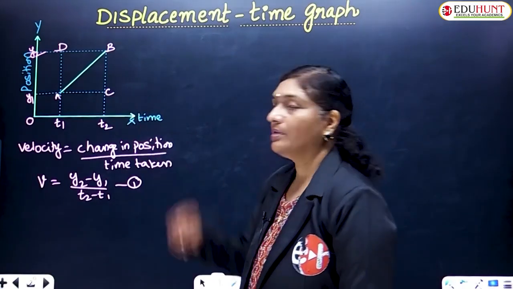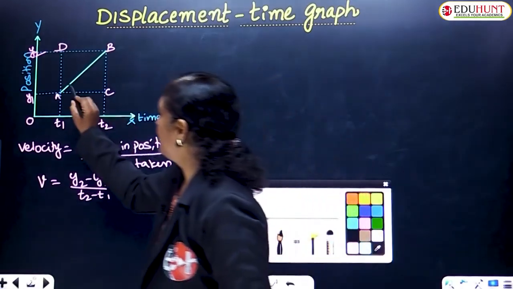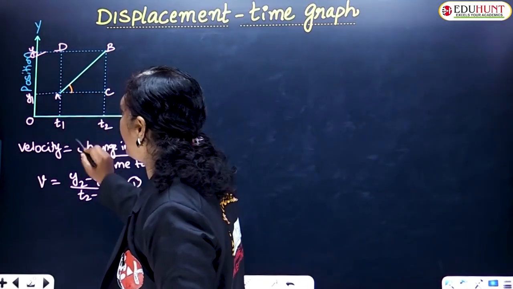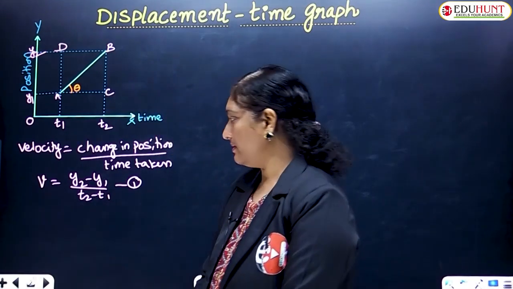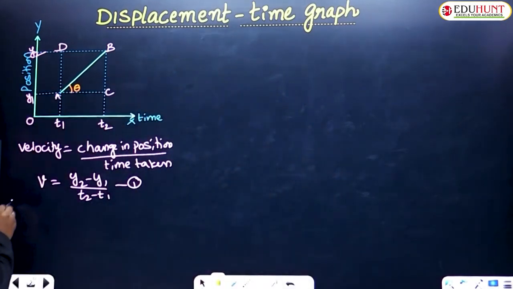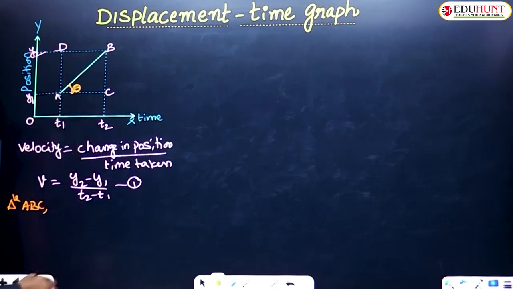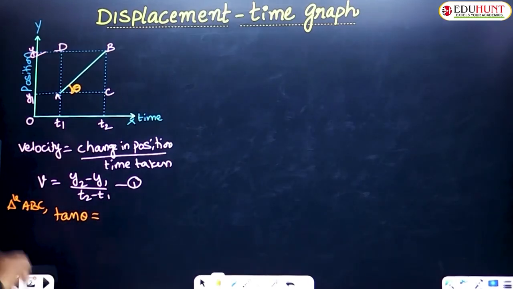Similarly, if you observe the graph carefully, you see that here is a right angle triangle. ABC is a right angle triangle. From the right angle triangle ABC, let me name this angle theta. Then we have tan theta equals opposite by adjacent.